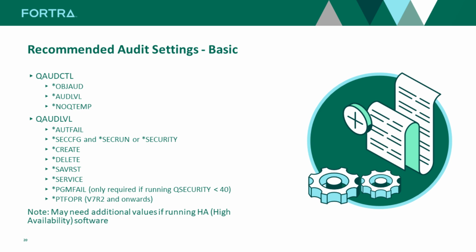You can do a lesser value of *SECURITY with just SECCONFIG and SECRUN, which will give you, again, changes to user profiles, changes to configuration objects, changes to system values. *SECURITY covers a little bit more, and I have not seen a significant difference in the amount of events being collected using either those two values or just the single security value.